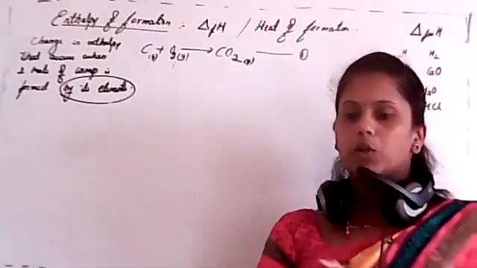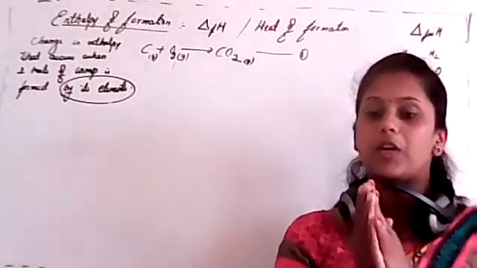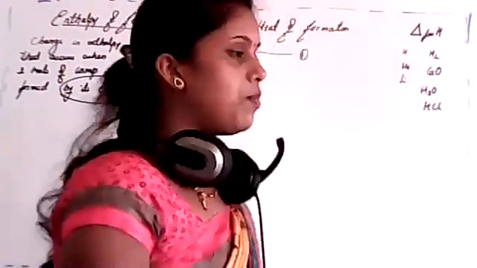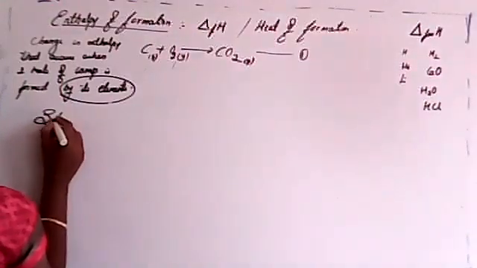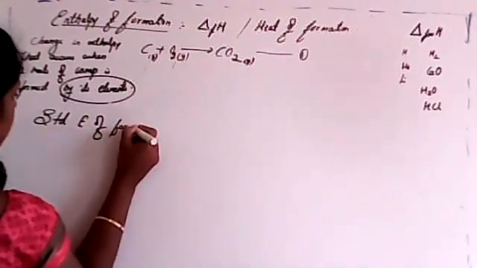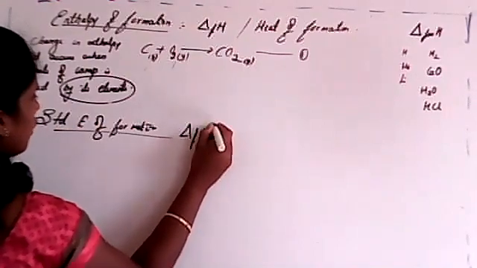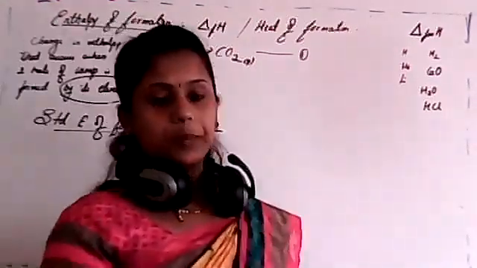Now the question is, what is standard enthalpy of formation? The next statement is standard enthalpy of formation, that is nothing but delta F H naught. What do you mean by this?